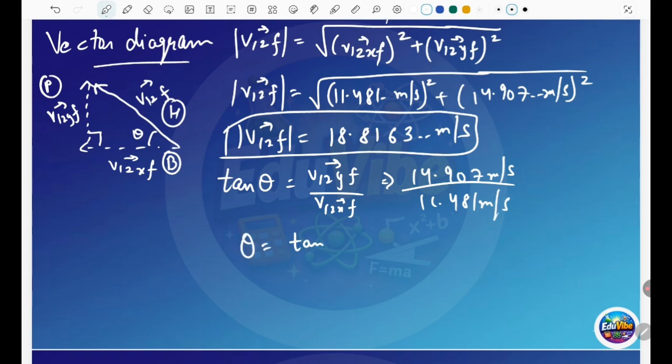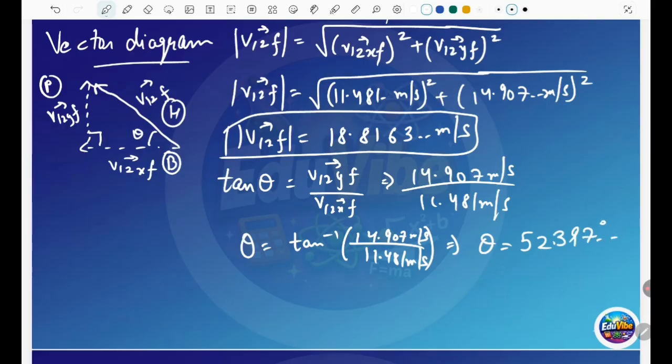When you calculate this whole value, you get theta about 52.397 degrees.